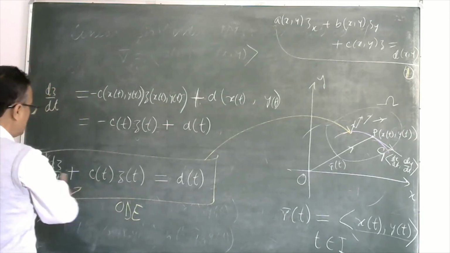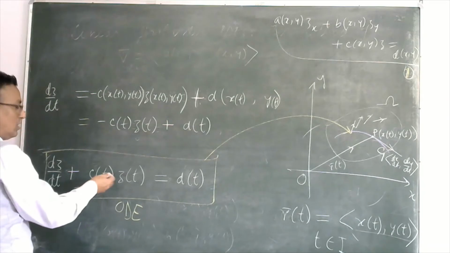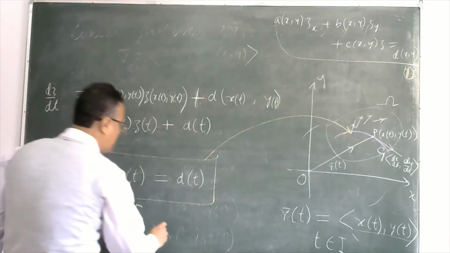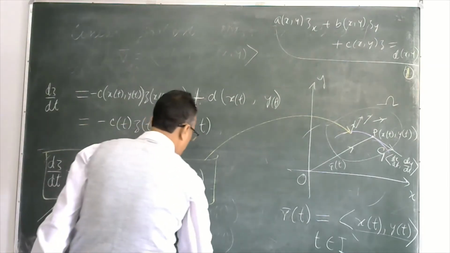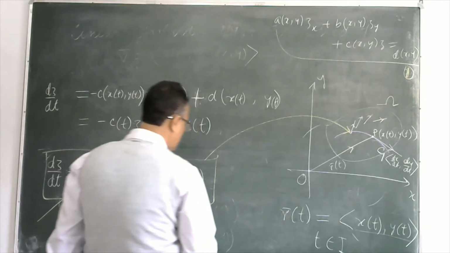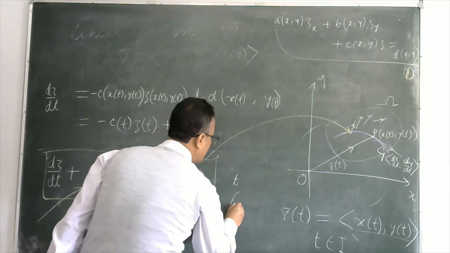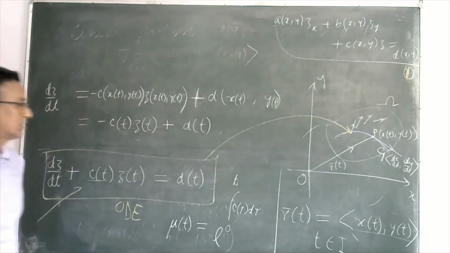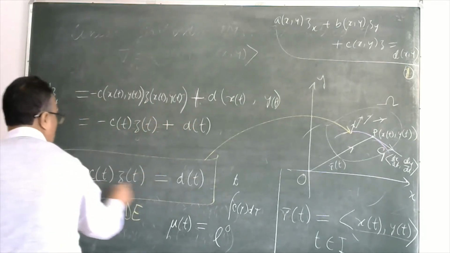So now you can easily solve this ODE. You already came across this. So this is what you do. You simply find the integrating factor, and the integrating factor is given by mu(t), which is equal to exponential of the integral from 0 to t of c(tau) d tau. And then I can easily solve this differential equation.